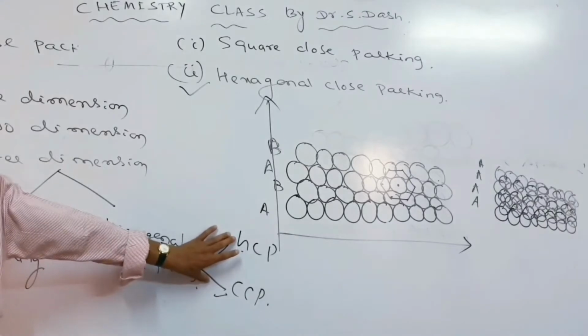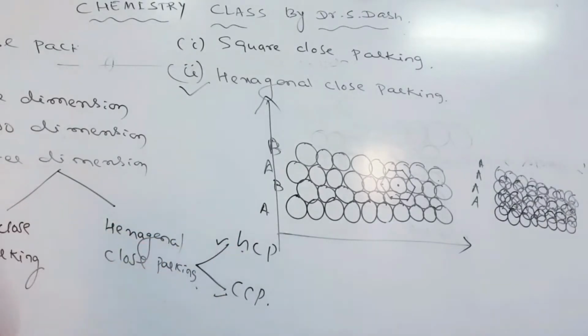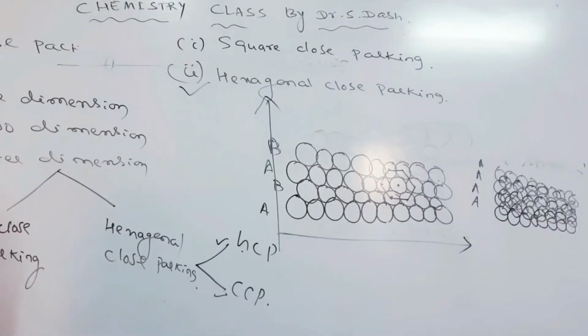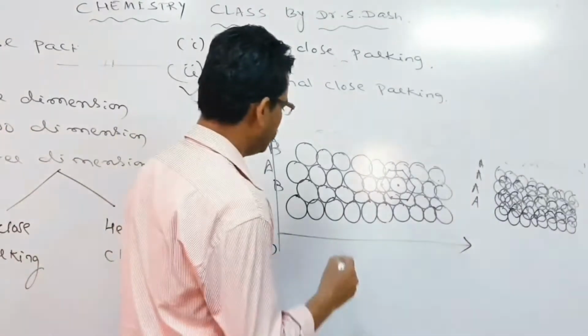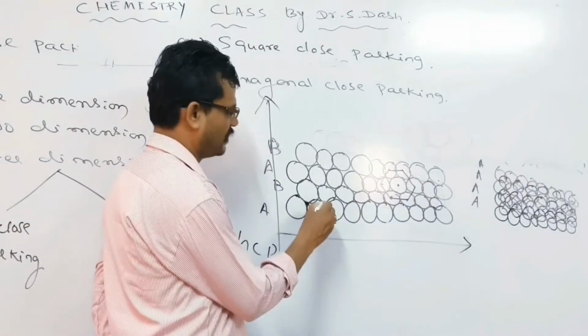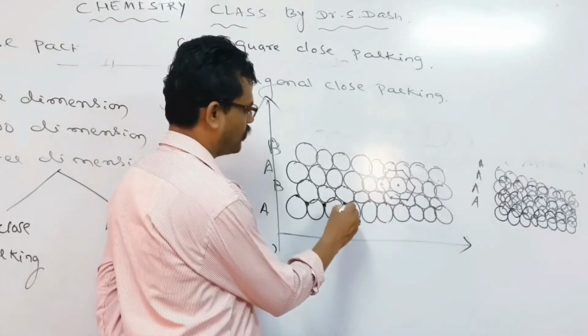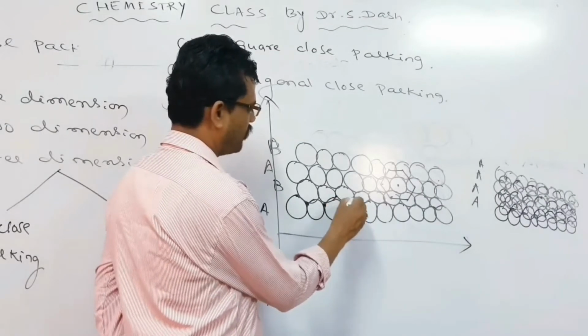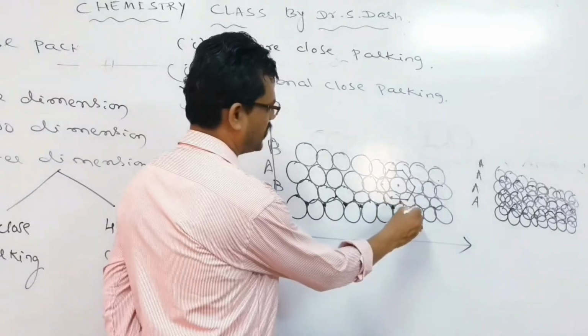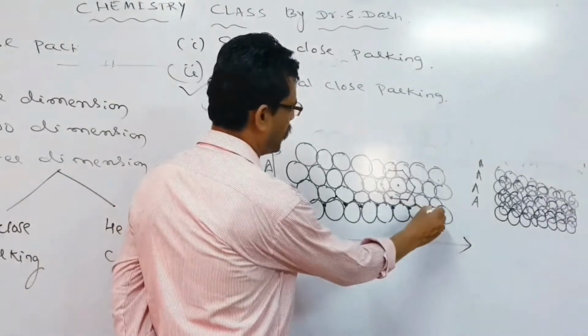Now you have to see what the difference is between these two cases, hexagonal close packing and cubic close packing. Now students, you see there are voids formed. Look here, there are two types of voids formed. One is below, another is above. Below, above, below, above.